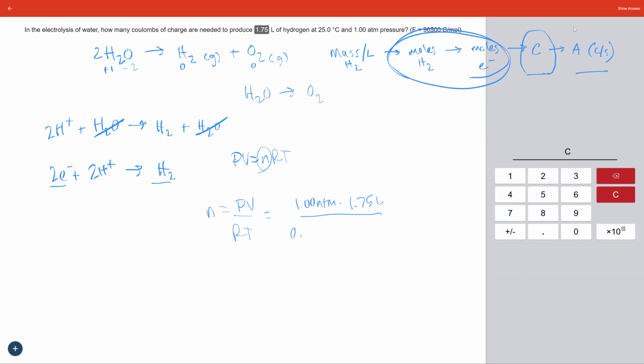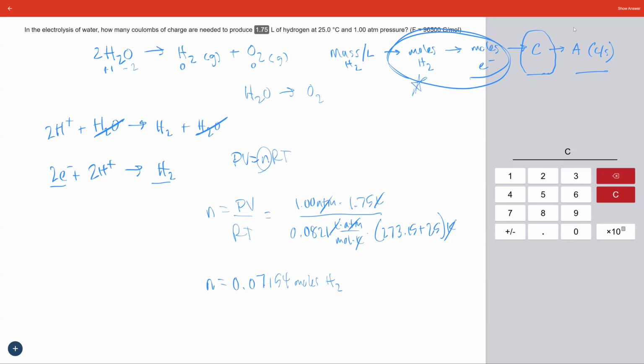R, we're in atmospheres, so we're going to use the matching R, and then Kelvin, we got 273 plus 25 Kelvin. So we see liters canceled, atmospheres canceled, Kelvin canceled, and we're left with moles. So our n, when we multiply 1 times 1.75 and divide by everything on the bottom, 298 times 0.0821, we get 0.07154 moles of H2. So now we're at this step here.